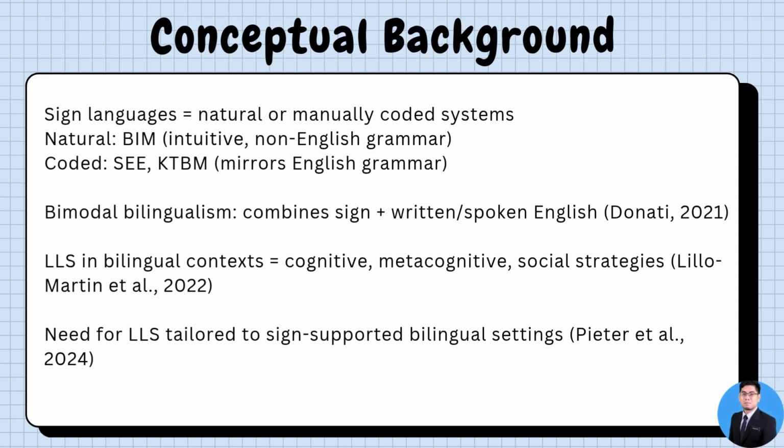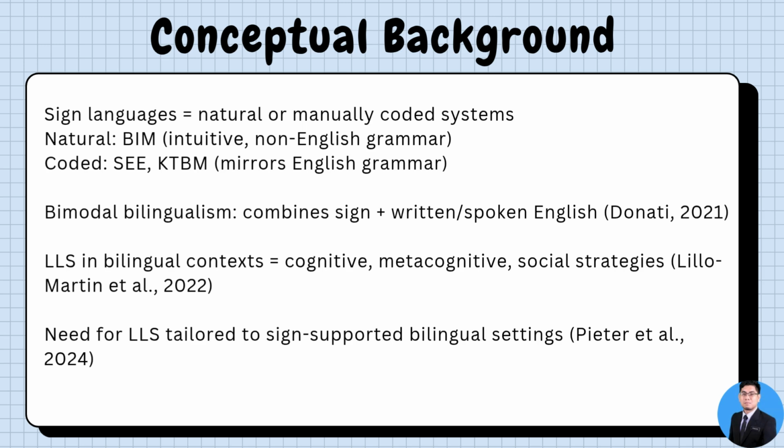Conceptually, this study distinguishes between two types of sign systems: natural sign languages like BIM and ASL, which are more intuitive and community-based, and manually coded systems like SEE and KTBM, which mirror English grammar.